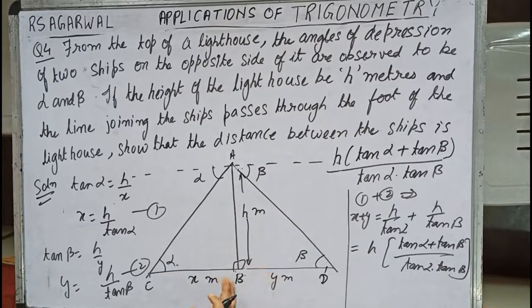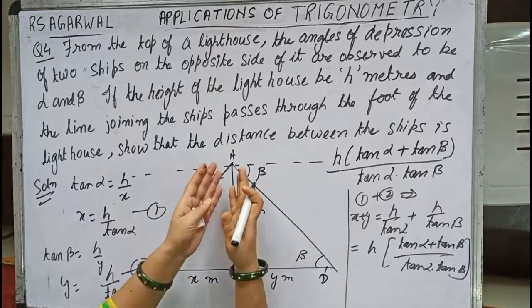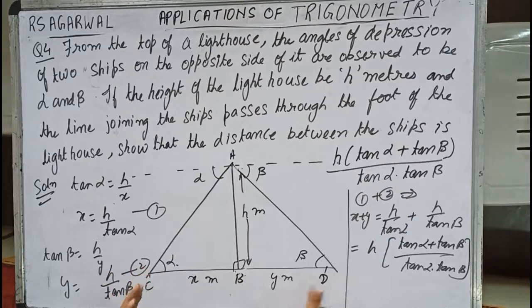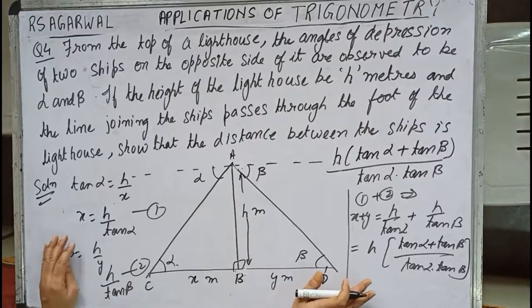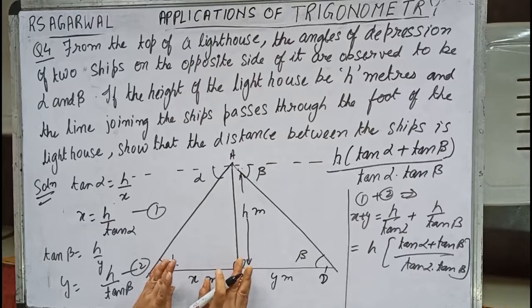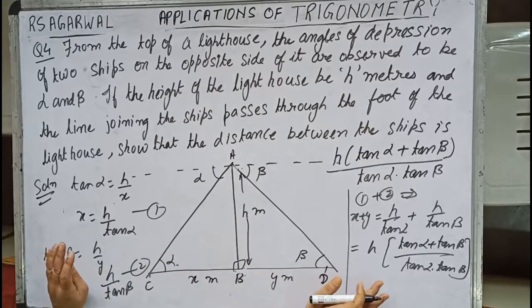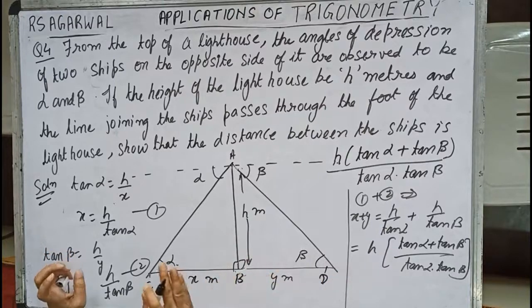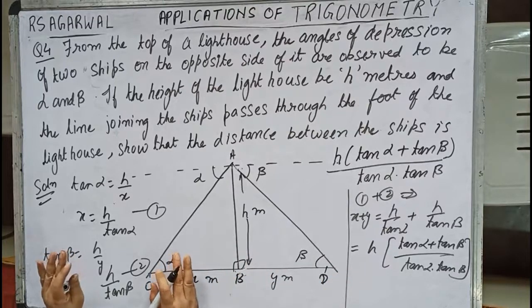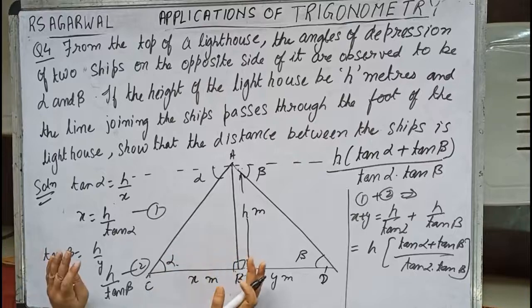The introduction part, where is the top of the lighthouse, base of the lighthouse, where are the ships, all this introduction you will be giving before proving. Once you draw the figure correctly and understand the question correctly, the solution is very easy in height and distance. So this was the last question from my side from this chapter, applications of trigonometry.